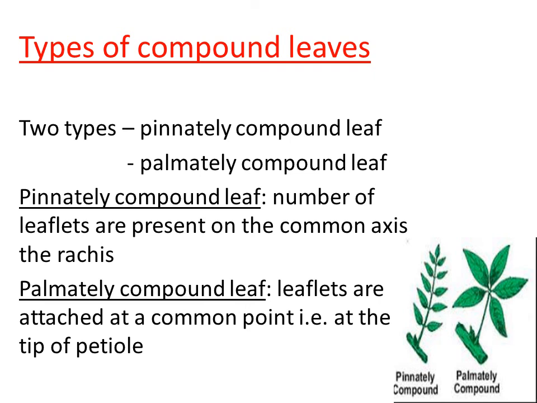When a number of leaflets are attached to the common point, such compound leaves are called palmately compound leaves because they give the appearance of a palm shape. All the leaflets are attached to the common point, that is the tip of the petiole. From the tip of the petiole, a number of leaflets are attached.